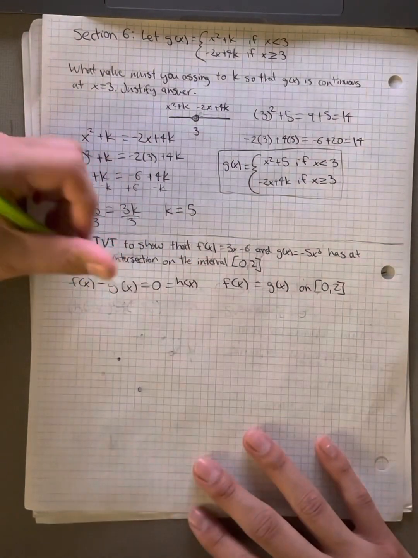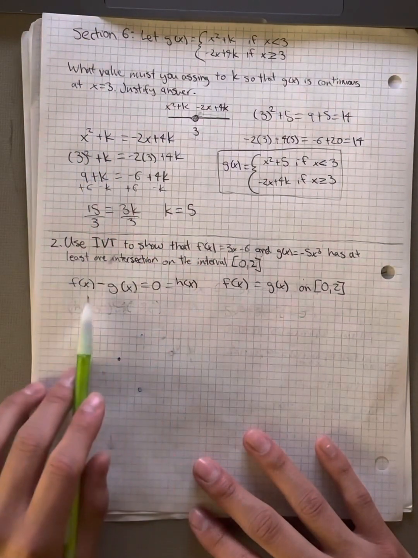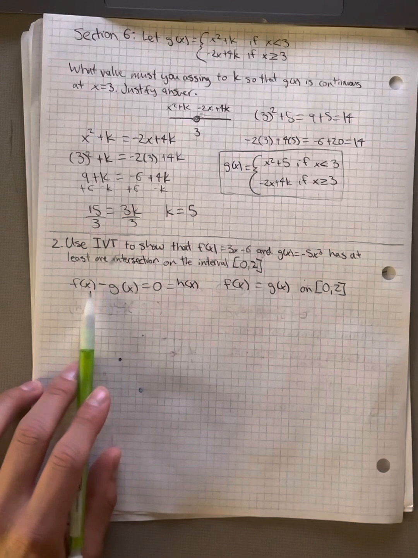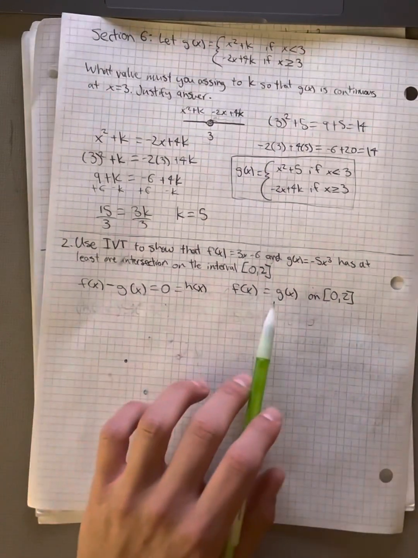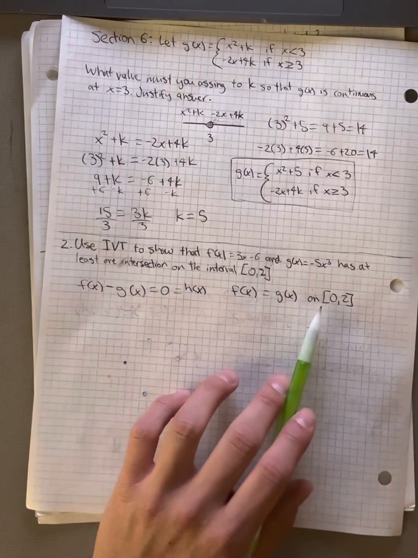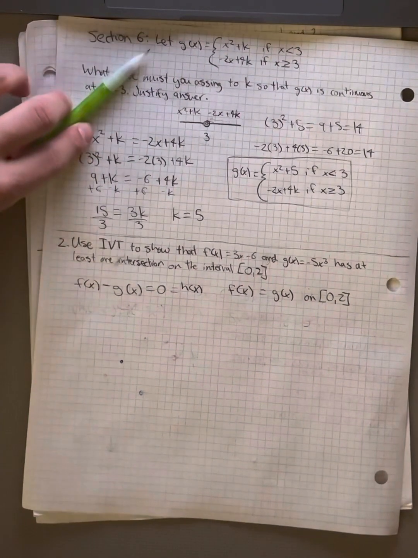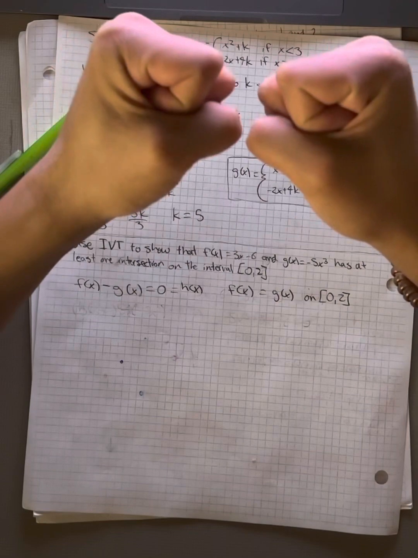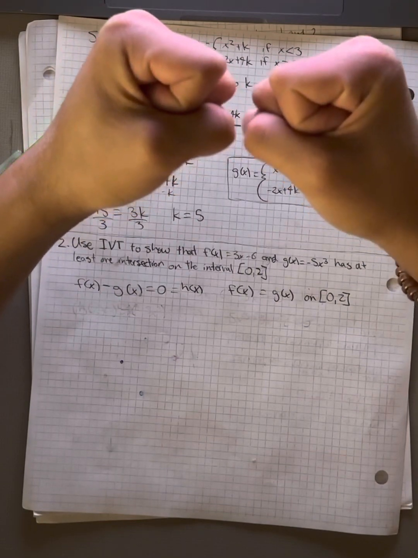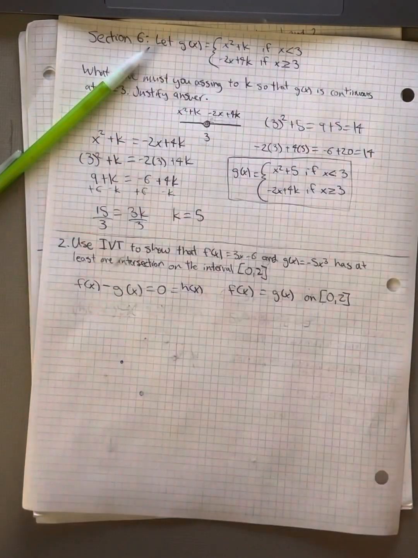we're going to turn them into h of x by saying that f of x is equal to g of x somewhere on the interval of 0 to 2, meaning if you have two of the same values and you subtract them from each other, it should equal 0.